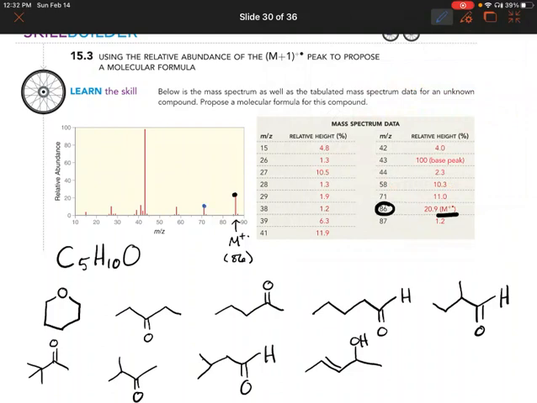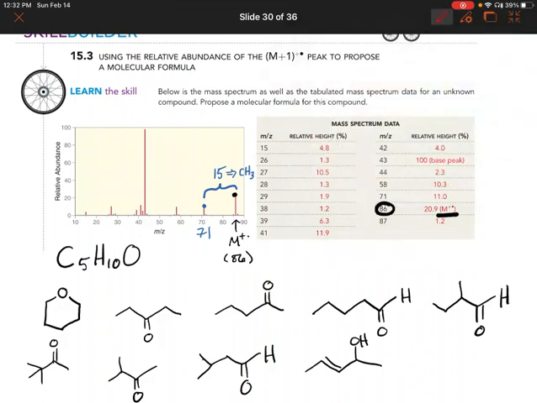So it looks like the next closest peak is at 71. So let's look at the difference between 86 and 71. What is the difference there? 15. Okay. All right. So that would mean that we lost a methyl group.